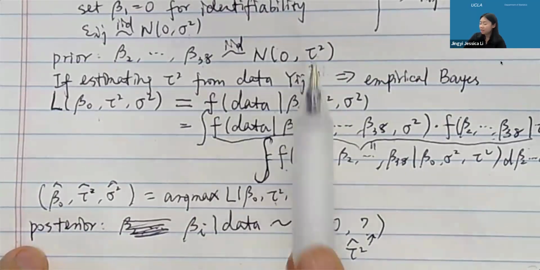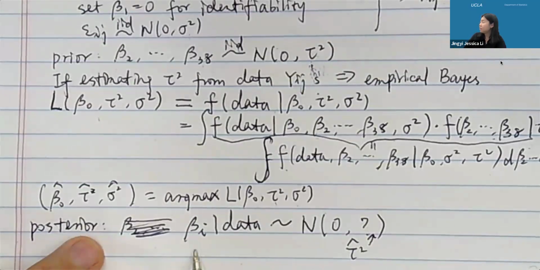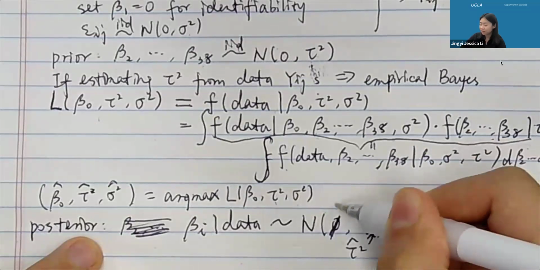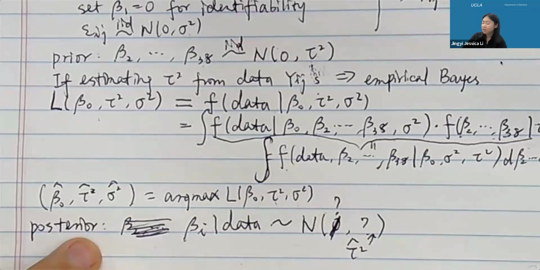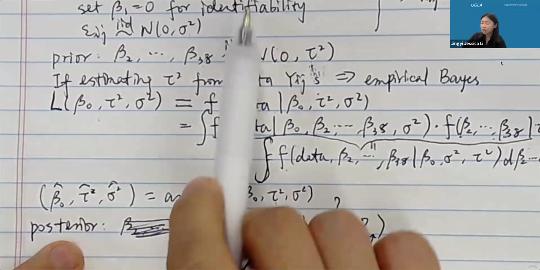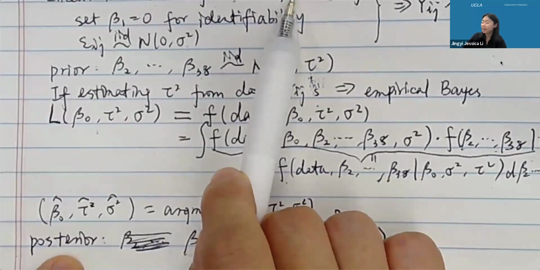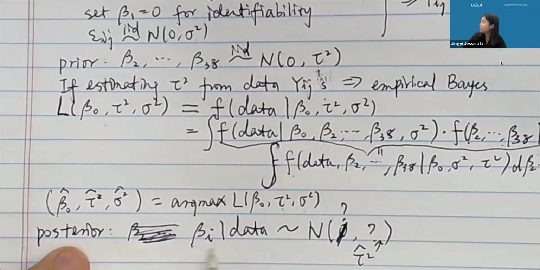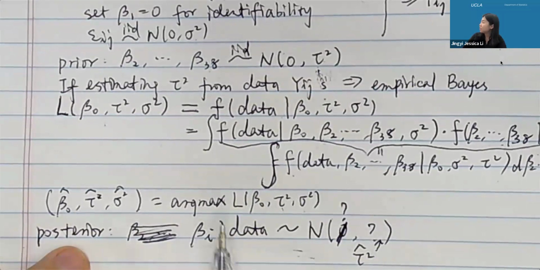Okay, and then if you want to have an estimate from, maybe I should change this to 0. I think this is wrong. Yeah, there should be a question mark here as well. If you want to get an estimate for your beta I, then instead of using just a linear model to estimate beta I, we can use this posterior to give us a Bayesian estimate, right?